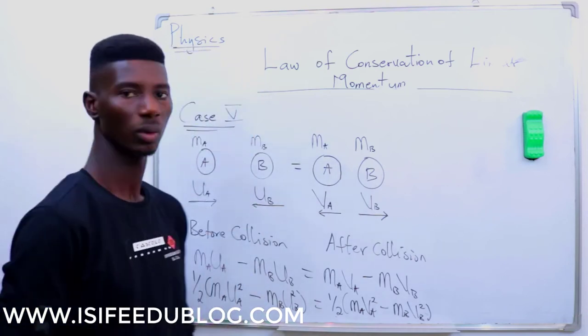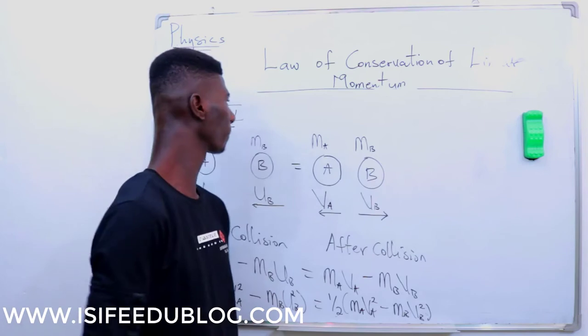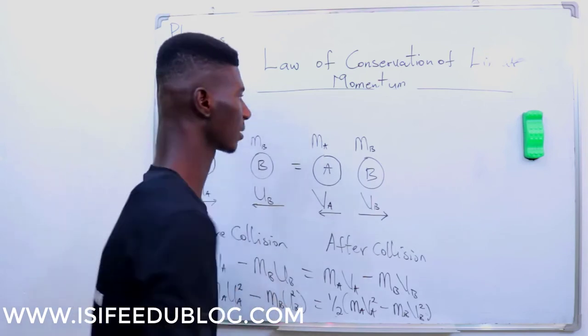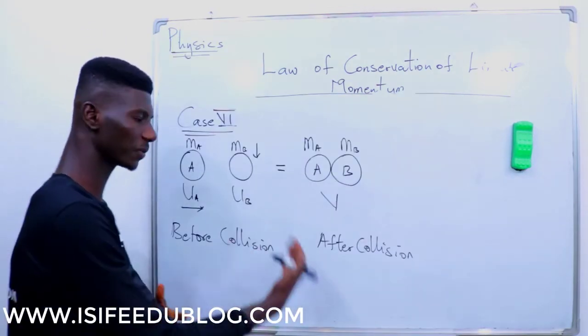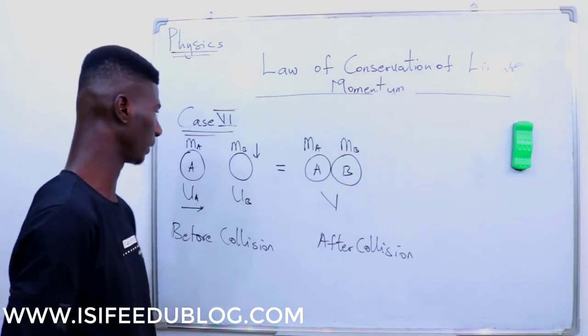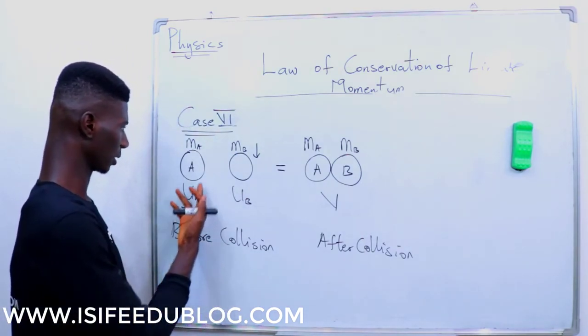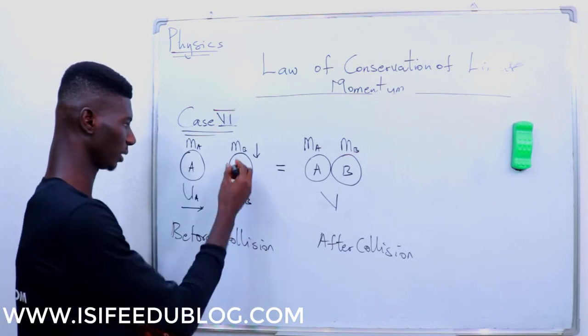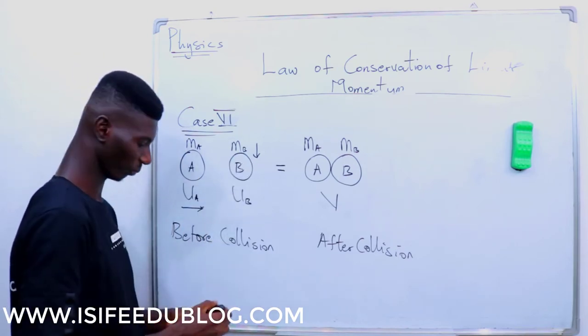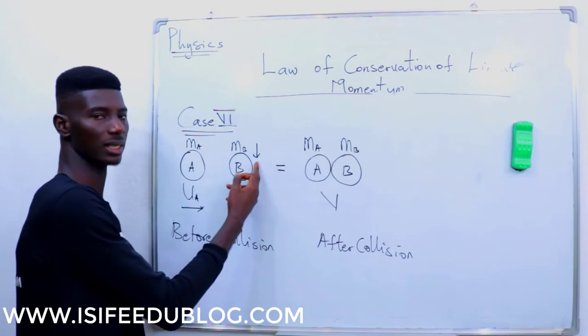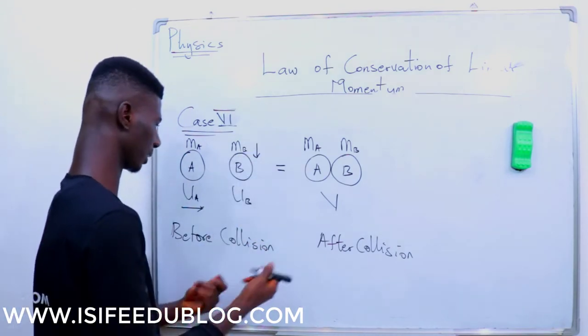So let's quickly do the last case here, which is the 6th case. Now in case 6 here, this is a totally different case from other cases we have been doing. What we have here is two bodies, A and B, as usual. But in this case, this arrow is telling us that this body is stationary.